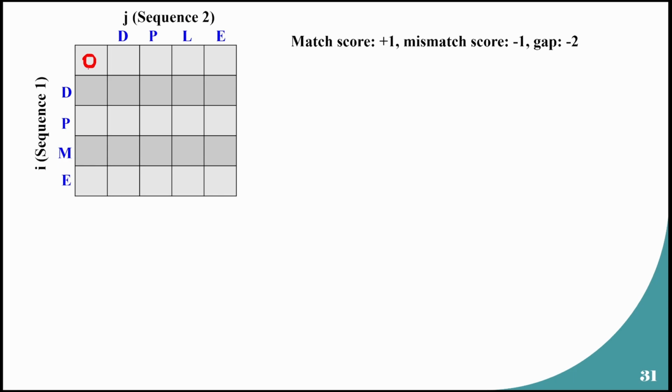As in all the other visual representations you saw, the diagonals indicate a match or mismatch, whereas the horizontal skips or jumps will be considered gaps or indels.